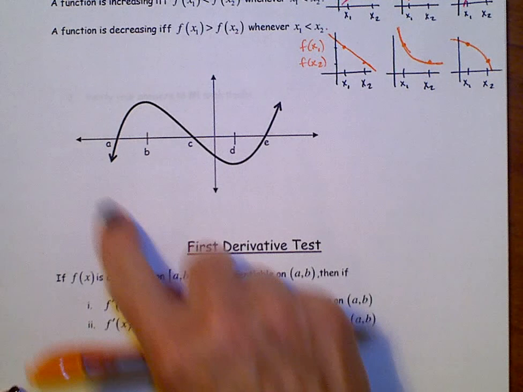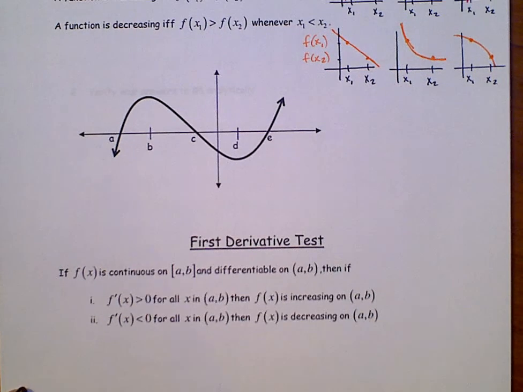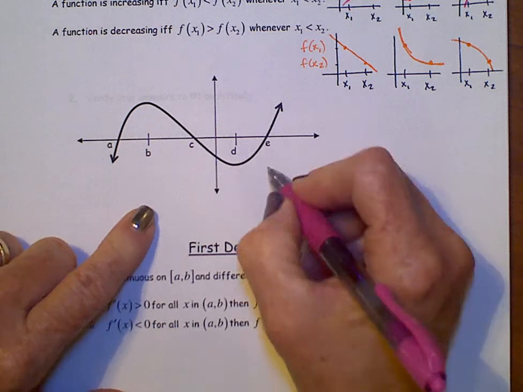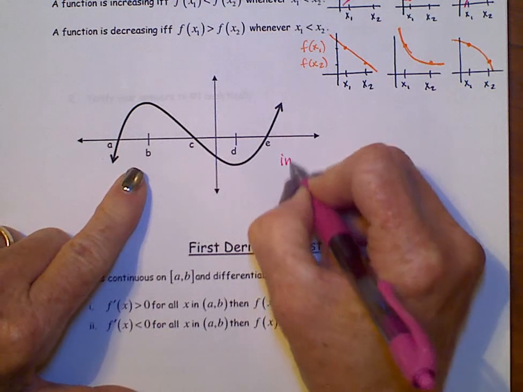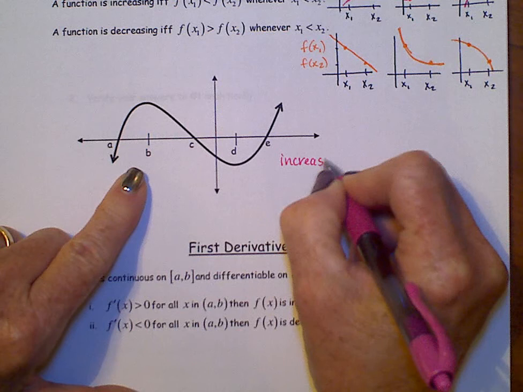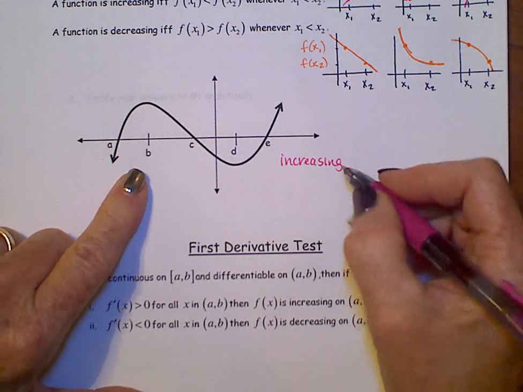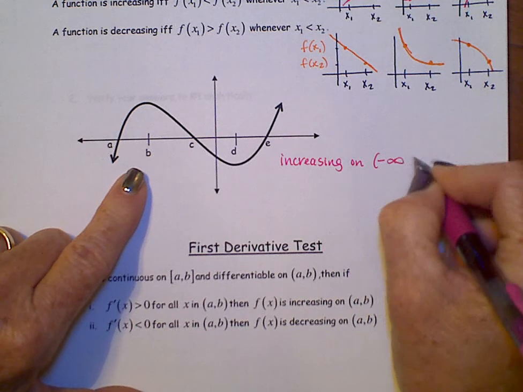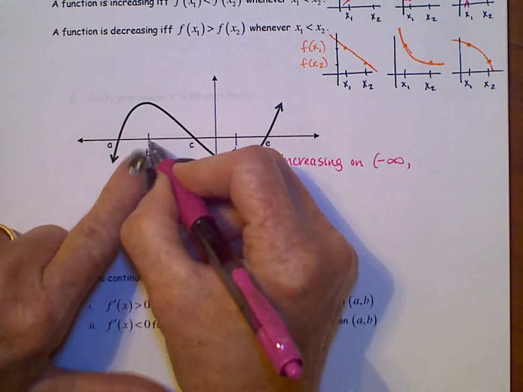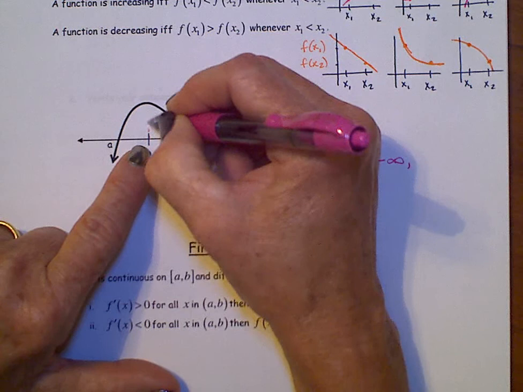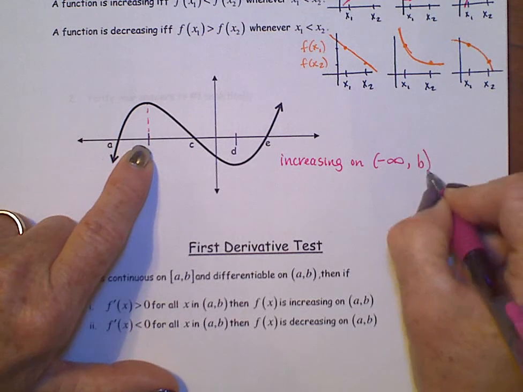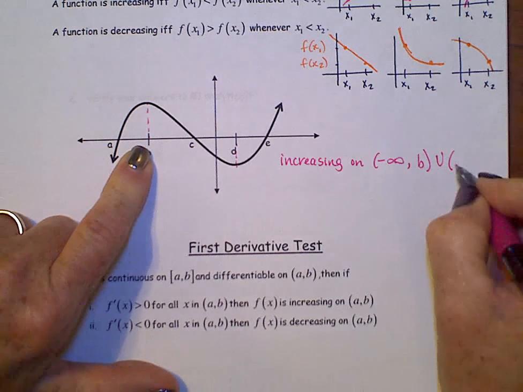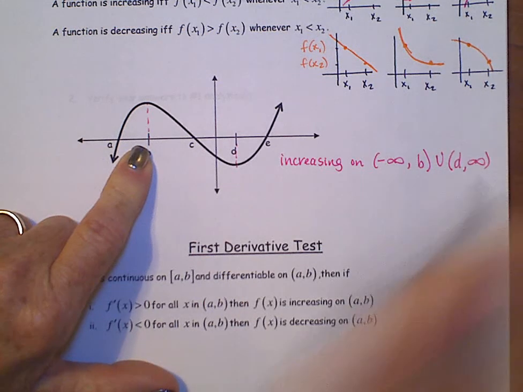Let's take a look at this curve. When we look at this curve, we can say that this function is increasing on the interval from negative infinity up to b, right up to here. It's also increasing from d up to infinity.